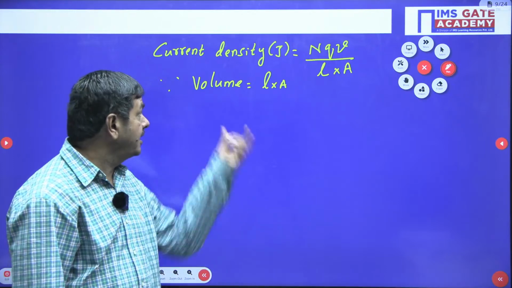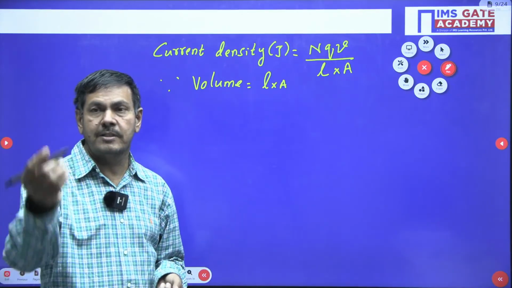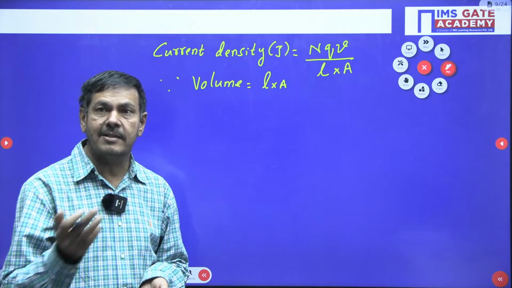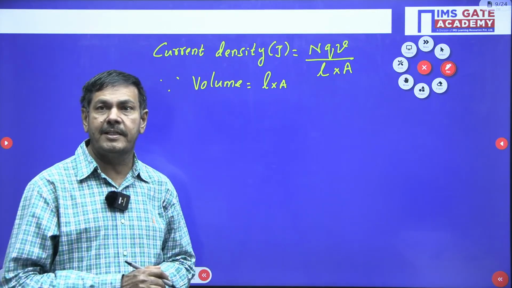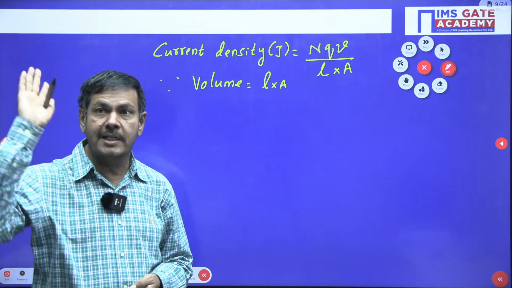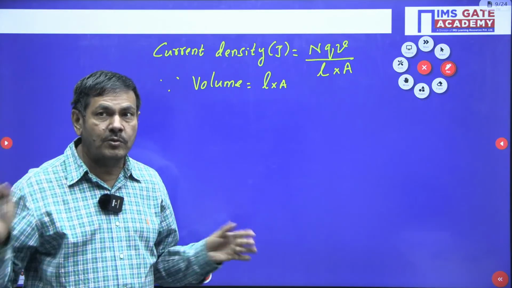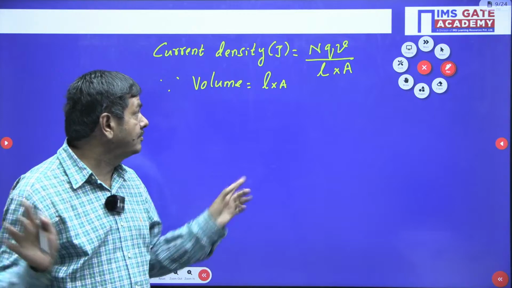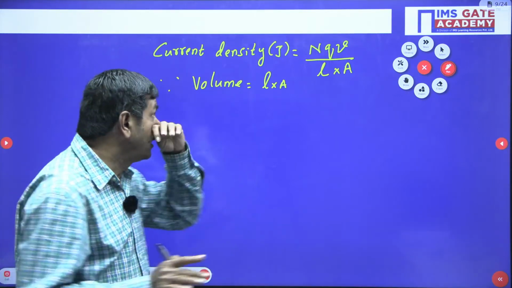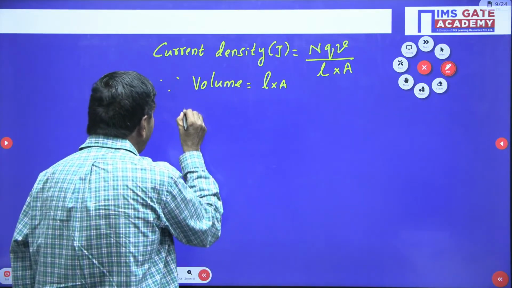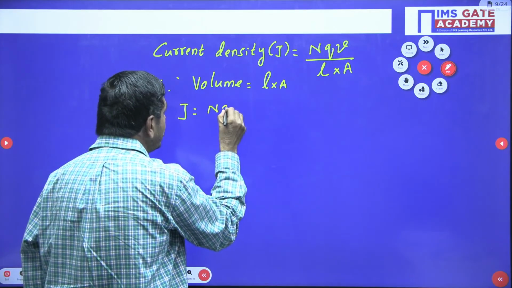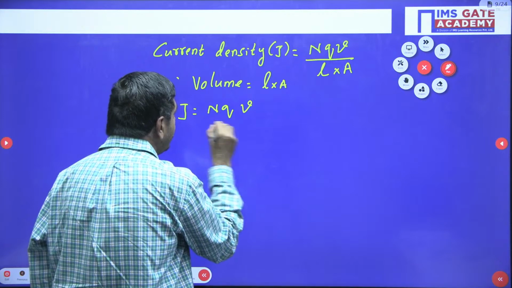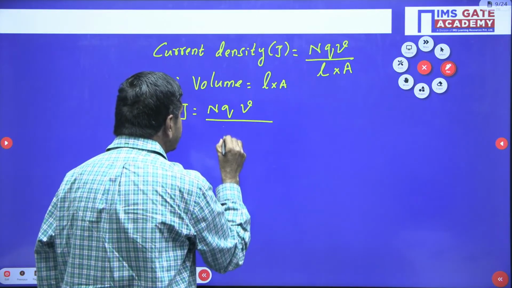If I take small v, the student will immediately say V is the velocity, sir. If I take capital V, students will say voltage, sir. That's why I don't want to take any symbol for the volume. Now current density J, I can write like this: N into Q into V divided by length into area, which is nothing but the volume.